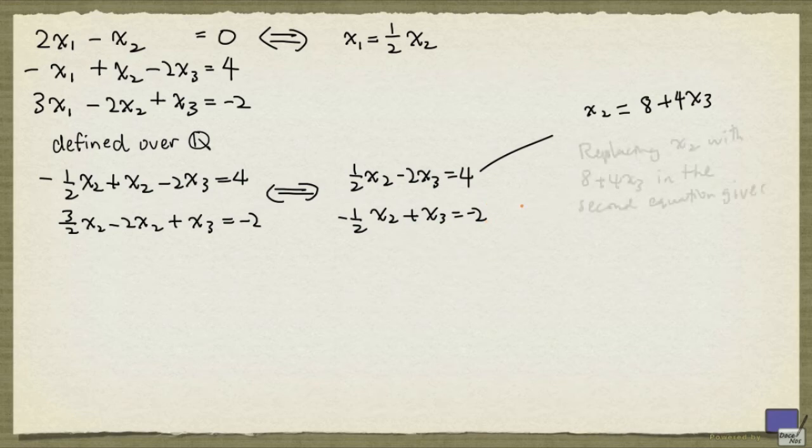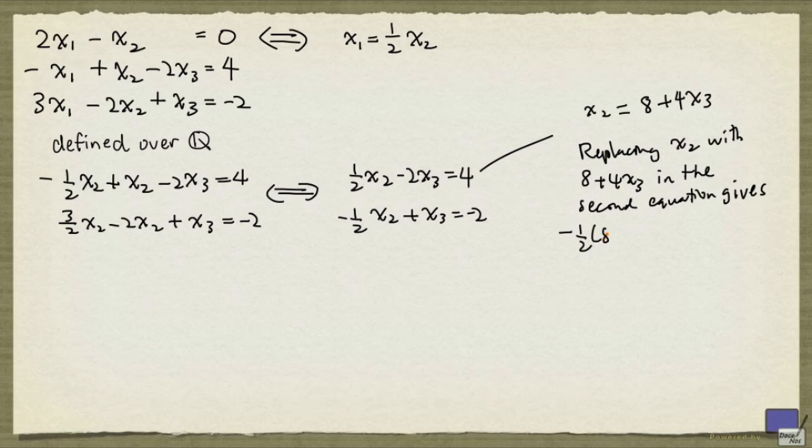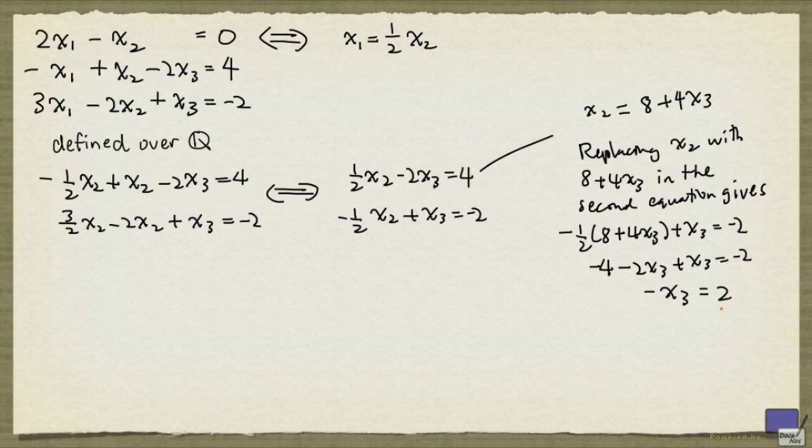And that will give us minus 1/2 times (8 plus 4x3) plus x3 equals minus 2. And let's simplify this. So this will be minus 4 minus 2x3 plus x3 equals minus 2. And so minus x3 is going to be 2. So x3 is going to be minus 2.